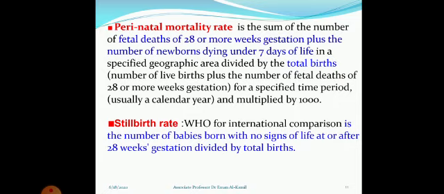So they are born dead, having died after the age of 28 weeks of gestation, and it is divided by total births, which is the number of stillbirths plus the live births.